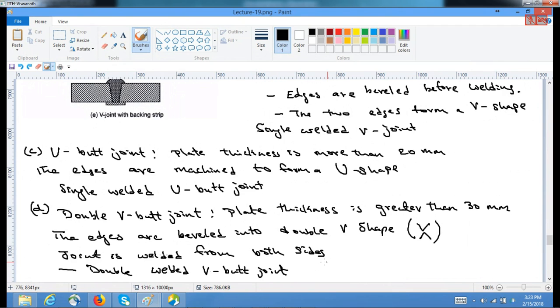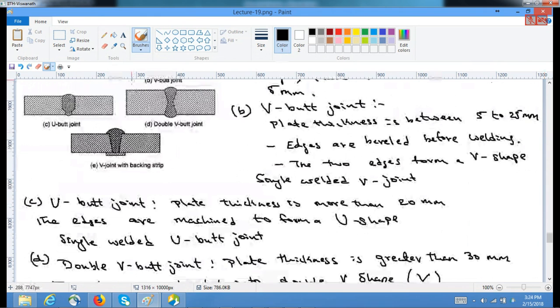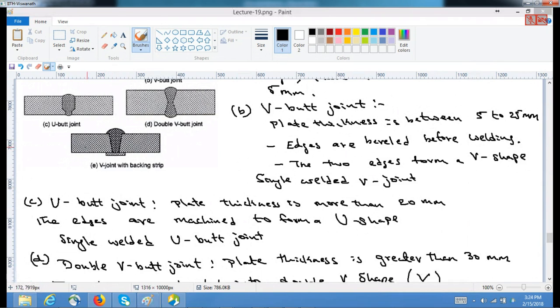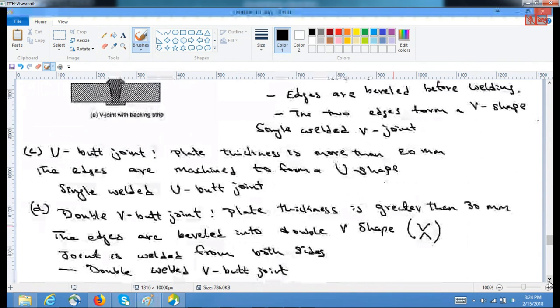And the fifth one is, you can see this one, there is a backing plate at the bottom and you have a beveled V shape, and you again weld it from the one side. And this backing plate is provided so that this molten fluid doesn't escape from the other side.